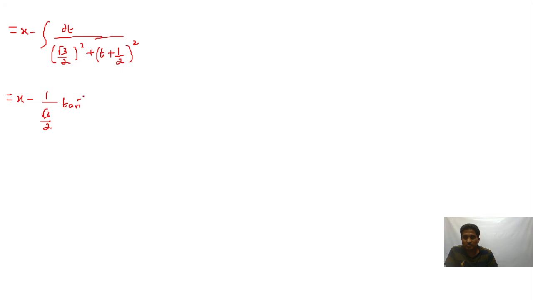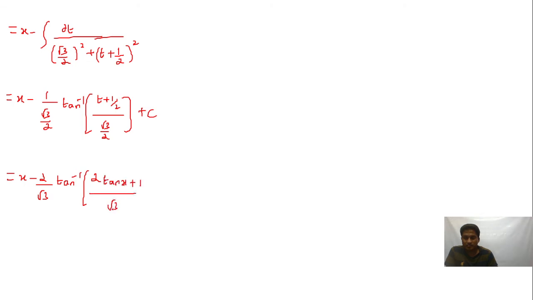So this is tan inverse of t plus half divided by root 3 by 2, and then plus c. So this is x minus 2 by root 3. Take LCM, 2 will get cancelled. Substitute the value of t. t is equal to tan x. So this becomes 2 into tan x plus 1 whole divided by root 3 and plus c.